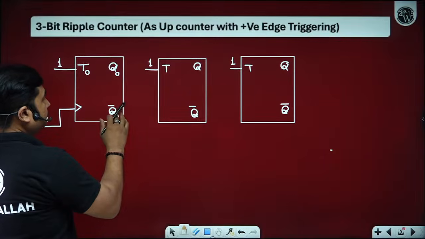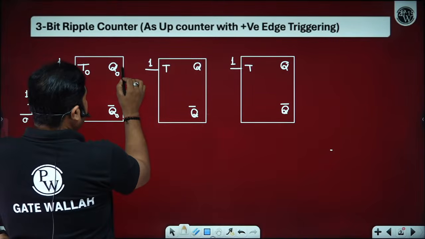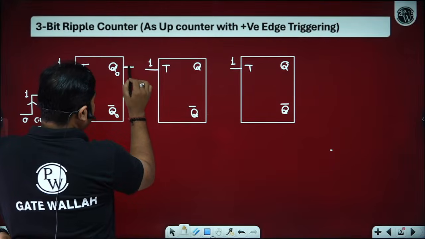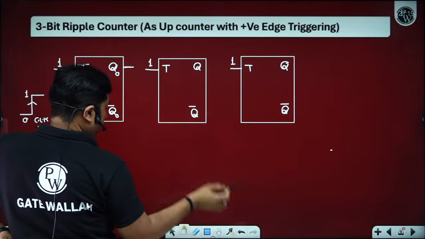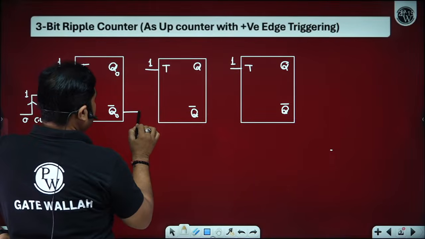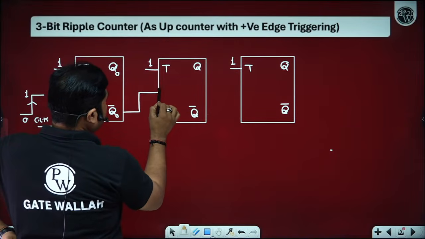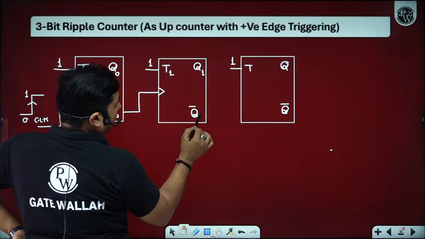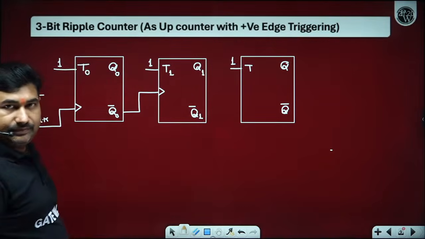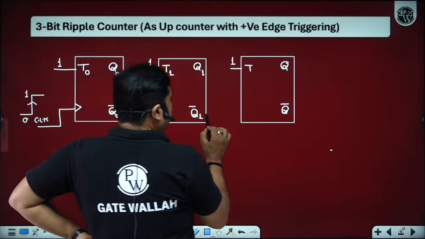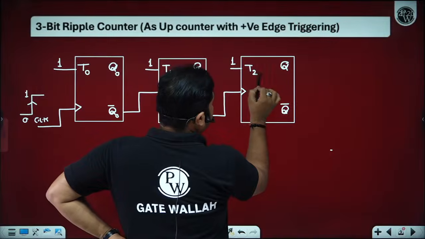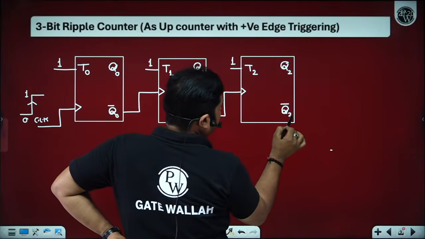So when this goes 0 to 1, this will become your flip-flop T1, the next significant bit, and the output of that is the input clock to the most significant bit.